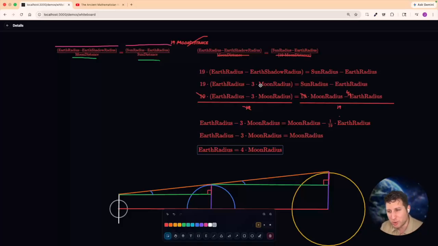The huge part, though, is if he can figure out the radius of the Earth, he can then figure out the radius of the moon, and then he can plug that into all the other formulas he created. He knows the relationship between the radius of the moon and the distance to the moon. He knows the relationship between the moon and the sun. So if he can figure out the Earth's radius, he can get all of the other values.